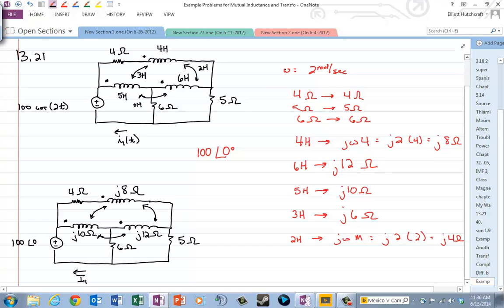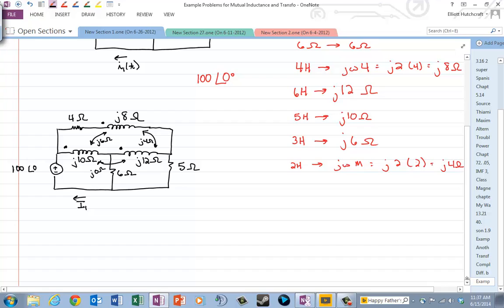The mutual inductance 3 Henry is now j6 ohms. Mutual inductance 2 Henrys is now j4 ohms. And then the mutual inductance between the j10 and j12 is j0 ohms. So there's no mutual inductance term there.